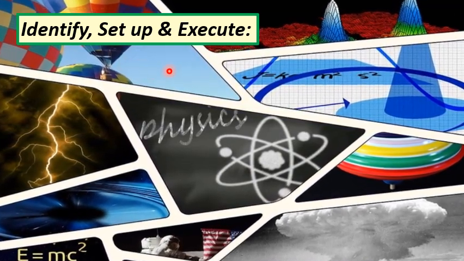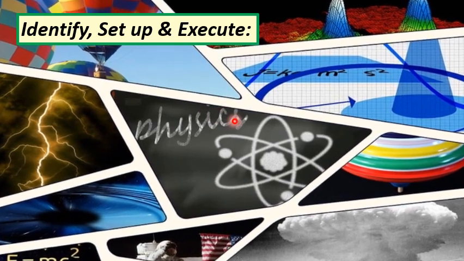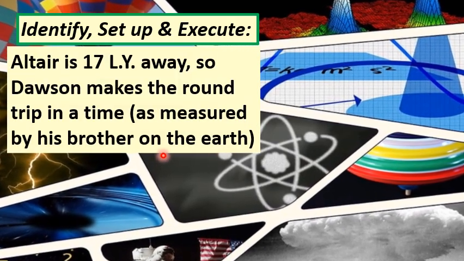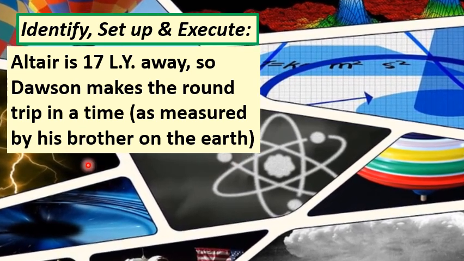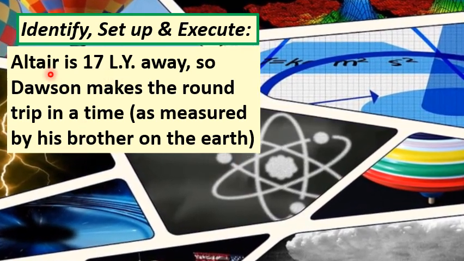For our last question, question number 2, we're given the distance of star Altair from the Earth, which is equal to 17 light years.